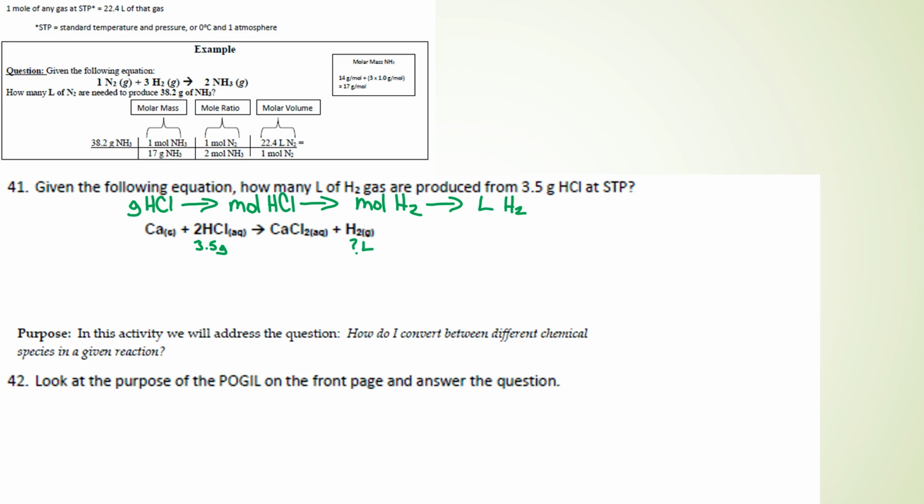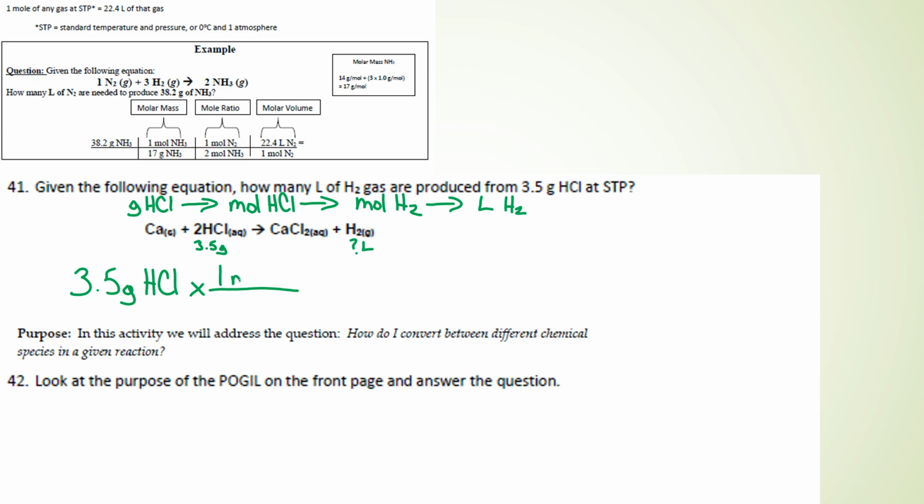All right. So if I'm starting off with 3.5 grams of HCl, how do I get to moles of HCl?